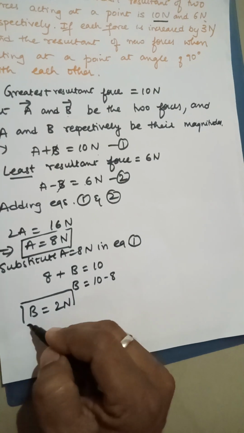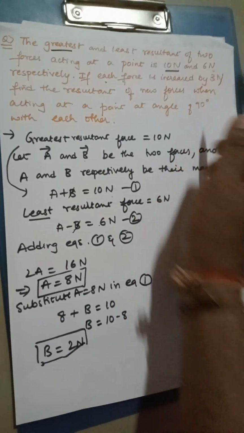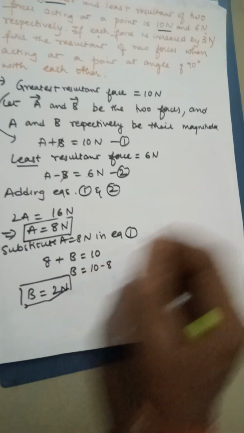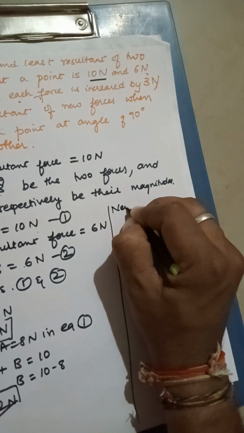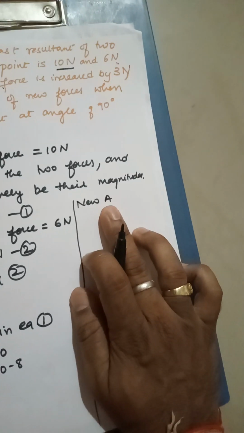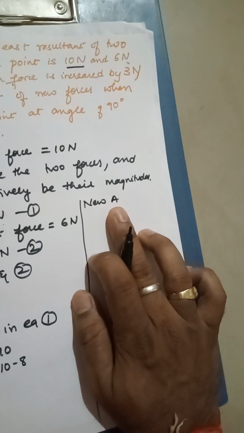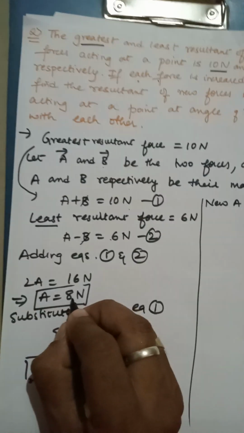But now what has happened to the force as per the question? Each force is increased by 3 newton. I'll write the new force as new A, where new A is the magnitude of the new force after it is increased by 3 newton. A value was 8 newton.